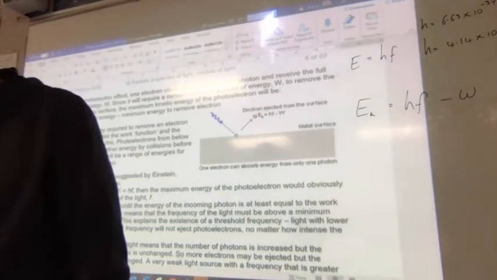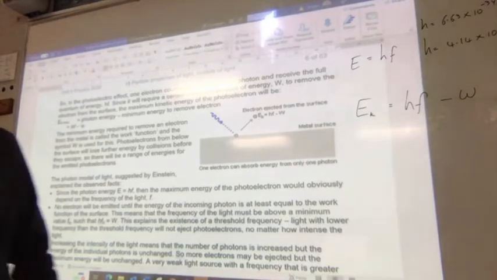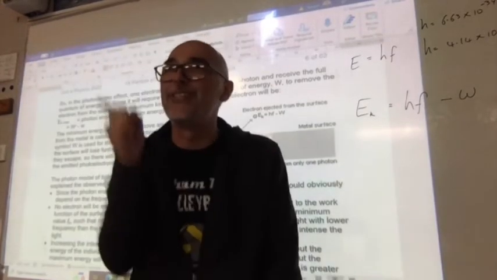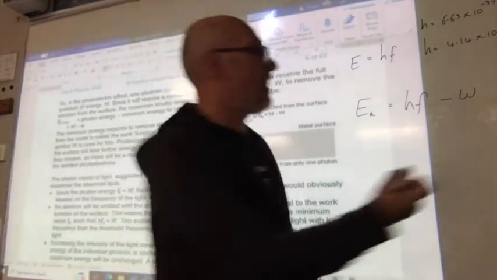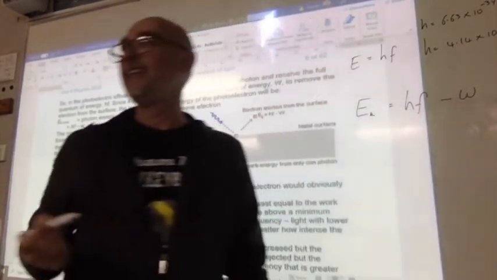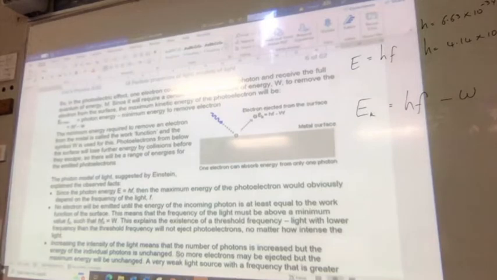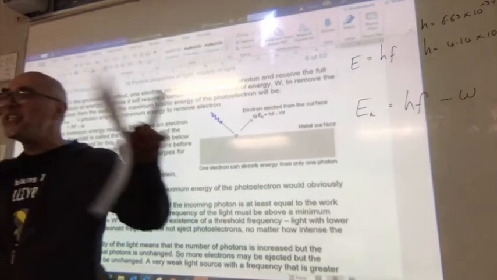And they're different for different metals. In other words, the little chain that's holding that electron to the metal, how much energy does it take to break that chain? Is it actually a chain? No, it is not an actual chain. I just like to imagine it as a chain.